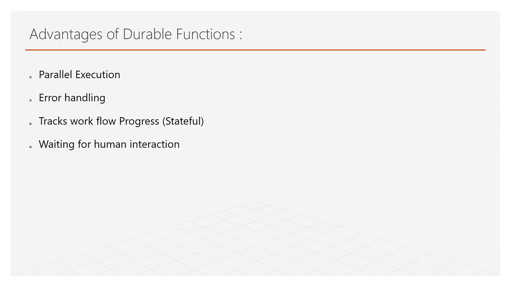Suppose something goes wrong in function 3, so function 1 will never understand that something has gone wrong in function 3, right? Because error and exception handling is done individually in each Azure Function. But in durable Azure Functions, we can globally handle errors and exceptions. That is the main advantage of durable functions.